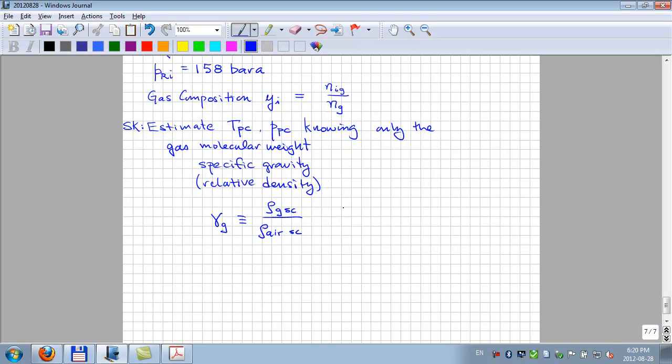What you can show is that if you assume the Z factor is 1 at standard conditions, density only becomes a function of molecular weight, so this is the same as the molecular weight of the gas divided by the molecular weight of air. Okay?